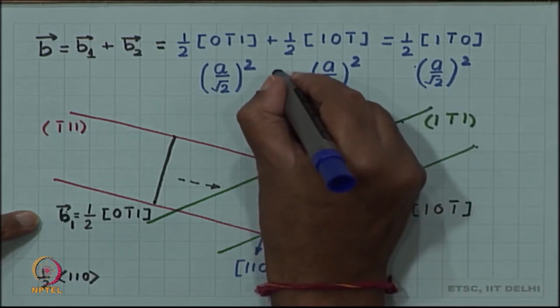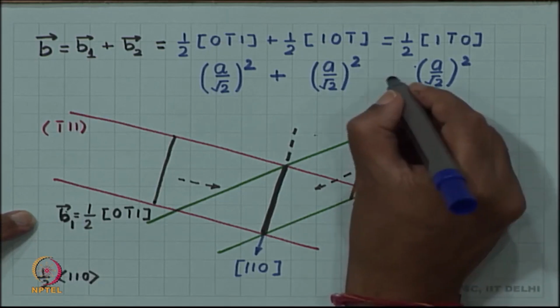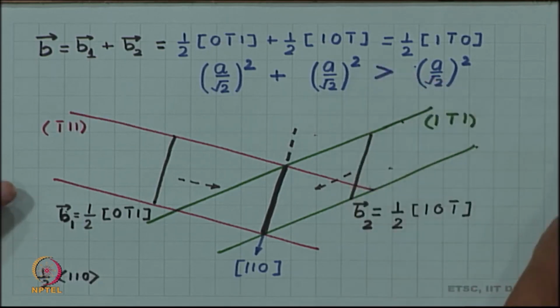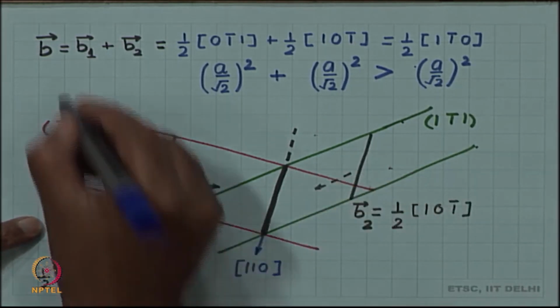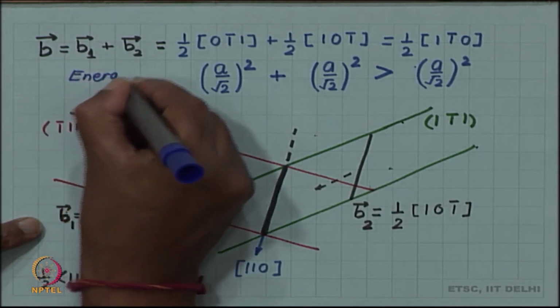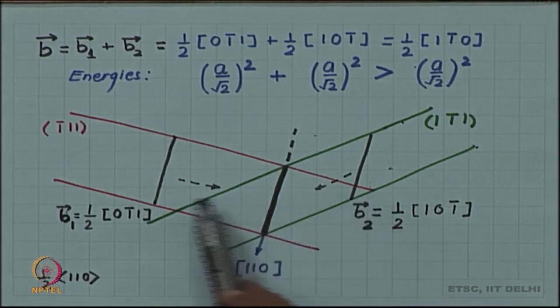But initially there were two dislocation lines. So, you had the sum of these two energies which is greater than the final energy, which is the energy of a single dislocation line. So, which means that this reaction is actually favorable.